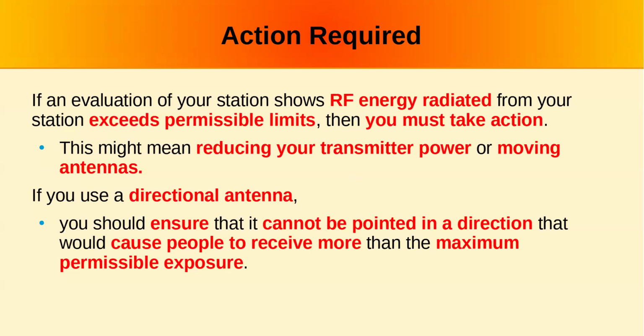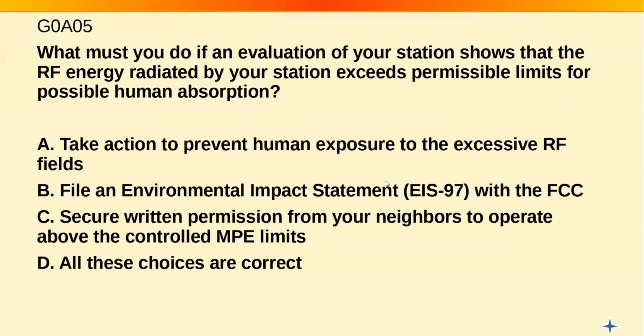It's kind of redundant. If you're using a directional antenna, the type of antenna and what the gain is are factors you put in. So you've got to make sure if you're pointing it at your neighbor, you're not exceeding the uncontrolled limit.